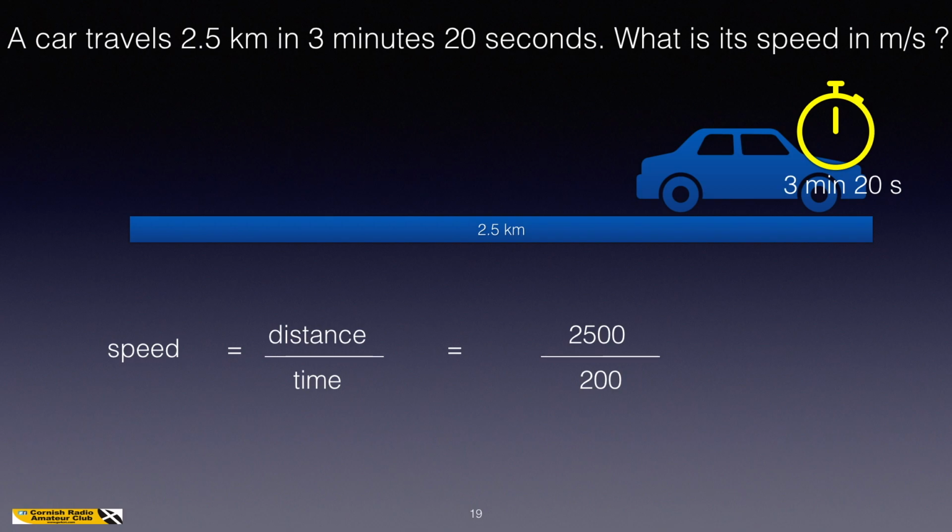Well, 3 minutes is 180 seconds, plus 20 seconds makes it 200 seconds. So the answer is 2,500 over 200, and if you put that in your calculator, you should have 12.5 meters per second. That's the average speed of the car over that distance given that time. And we've gone back to the fundamental units of meters and seconds.